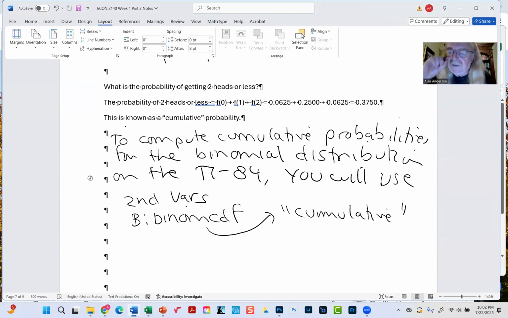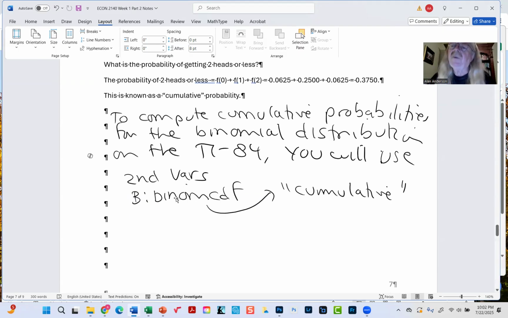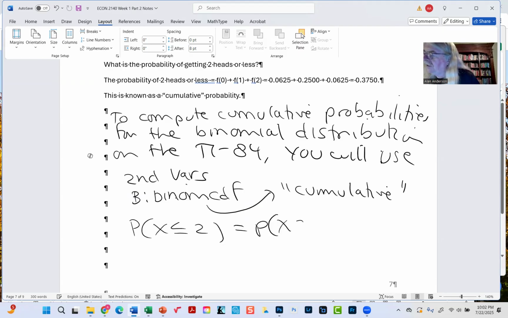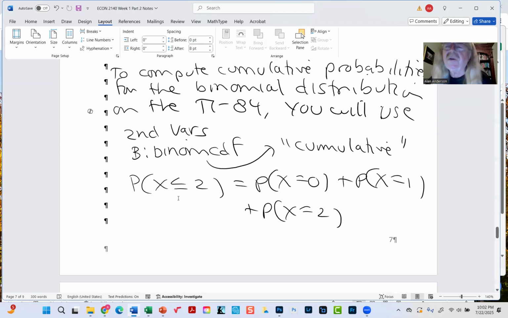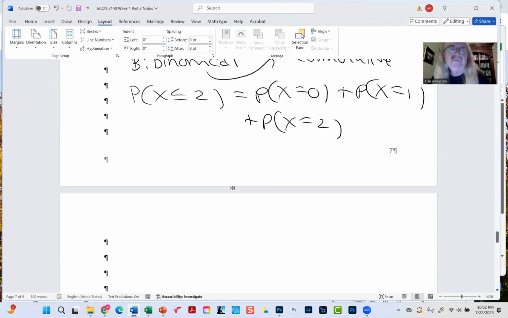That's all you have to do differently. Just choose CDF instead of PDF. So if I want to know the probability that the number of heads is two or less, instead of calculating each of these individually and adding them up, all I have to do is go to this binomial CDF function.